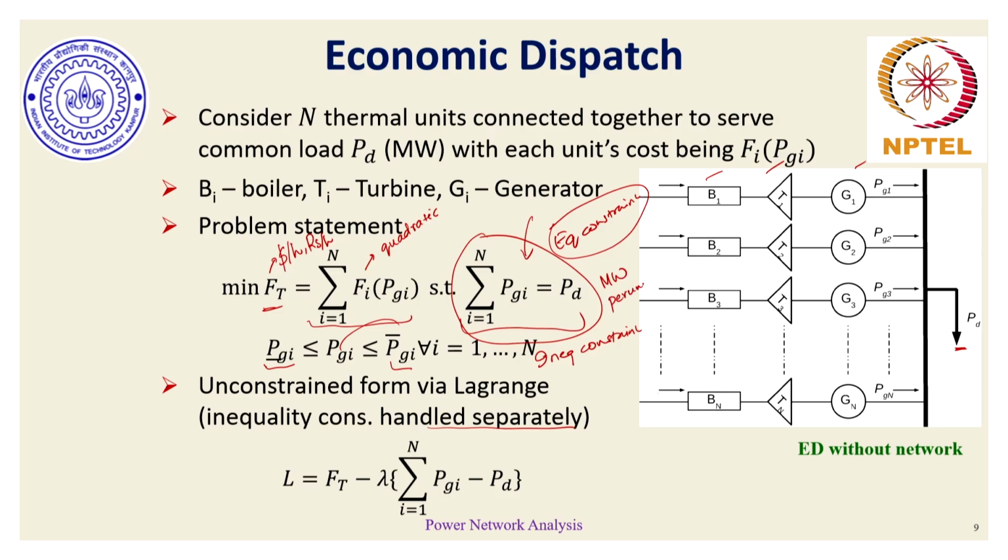So if we have to combine rupees with megawatt or per unit, there has to be some multiplier which handles this change in unit, and that's where the variable lambda comes in.